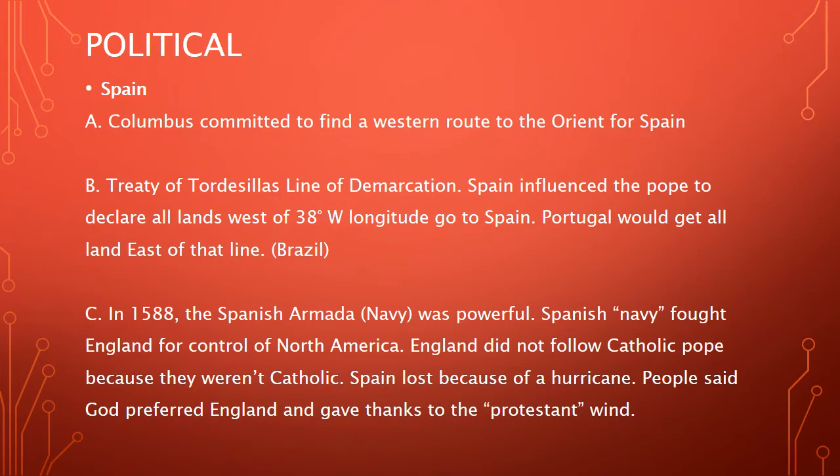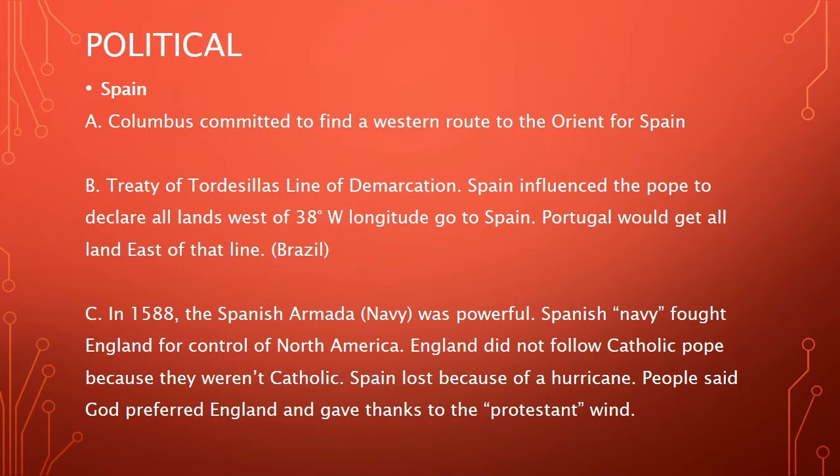The other reason why Spain was so politically powerful. The Pope at the time of the Catholic Church was Spanish, and he decided to take influence from the Queen of Spain, and he created a line of demarcation, and that line of demarcation was called the Treaty of Tordesillas.